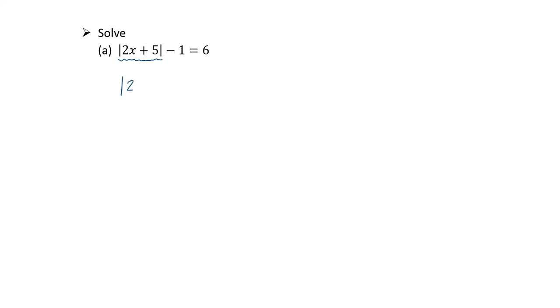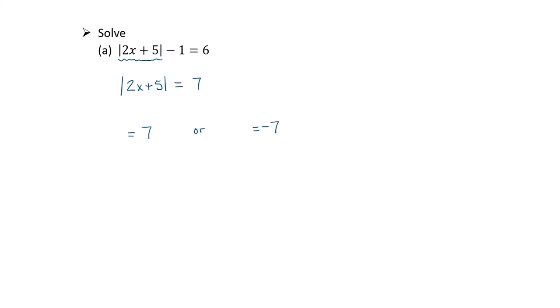So the absolute value of 2x plus 5 equals 7 after adding 1 to both sides. Now it doesn't matter what is inside the absolute value. We're saying that the absolute value of that thing is 7. So the value inside of that must be 7 or negative 7.